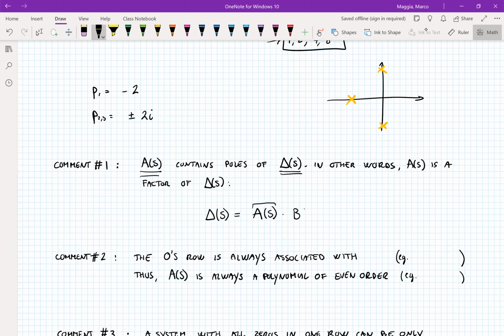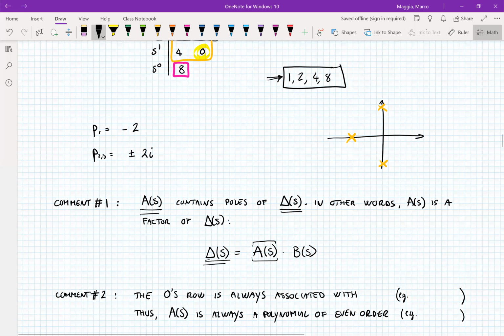The other factor is going to be another polynomial, B(s). This is useful because A(s) is obviously of a reduced order with respect to delta(s). So if you already have a factor, you can find some of the poles of the transfer function. Let's take a look at that.